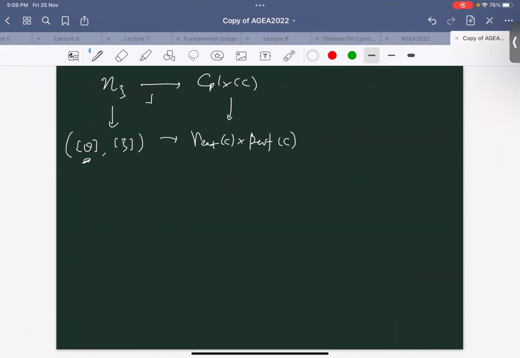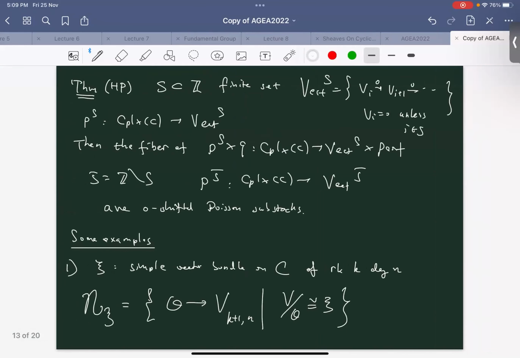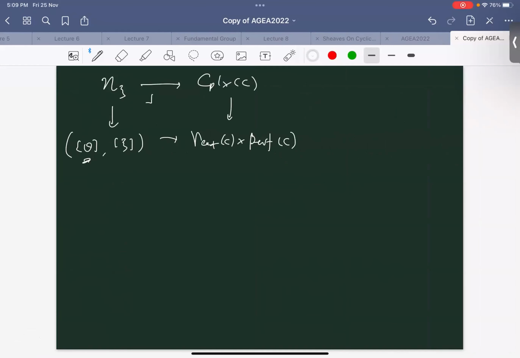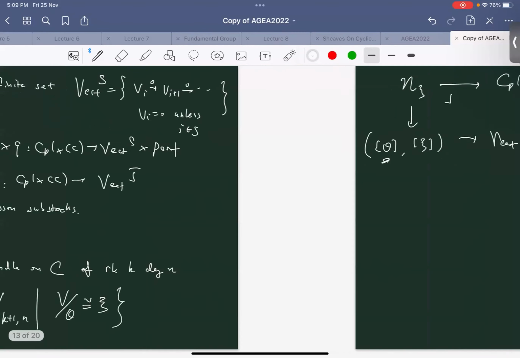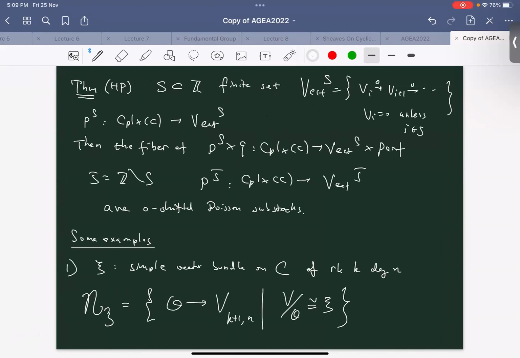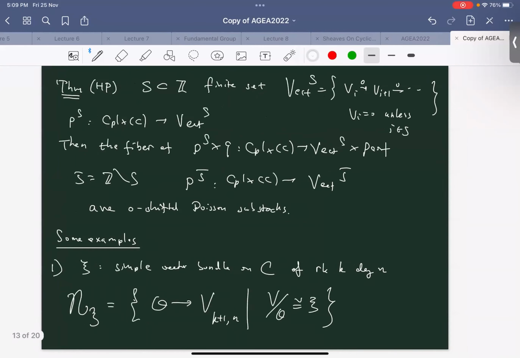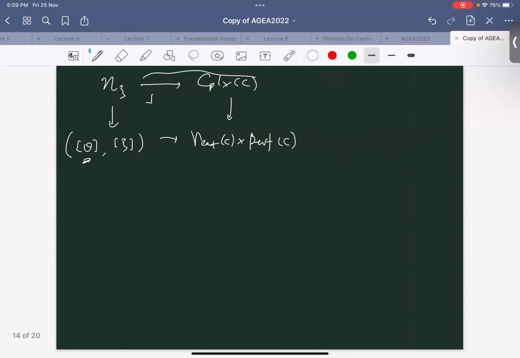So n C, with the correct derived structure, can be identified with the homotopy fiber product of these maps. Therefore it fits the condition of the previous theorem, and so it admits a zero shifted Poisson structure.